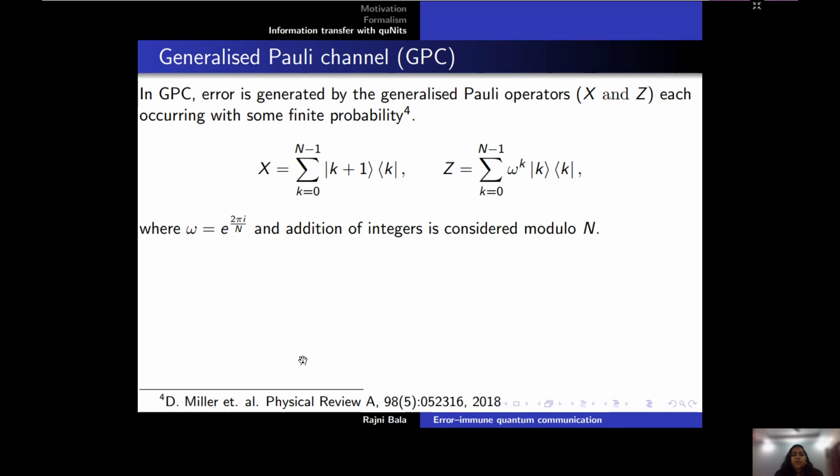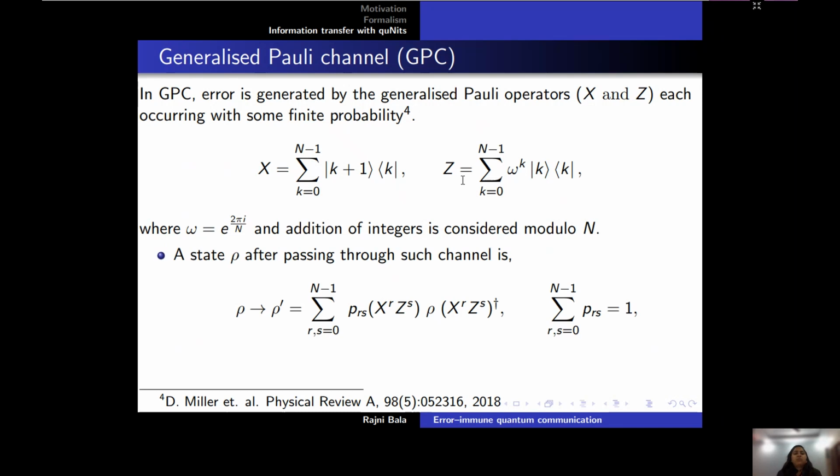Now going to the application part, we first consider the generalized Pauli channel. The generalized Pauli channel is a higher dimensional generalization of the Pauli channel of a qubit. As we know, the Pauli channel was described by all the possible combinations of the X and Z operators. In a similar way, the generalized Pauli channel is defined in the same way, where this X is the higher dimensional generalization of the sigma X operator, and this Z is the higher dimensional generalization of the sigma Z operator, which correspond to the flip and the phase errors.